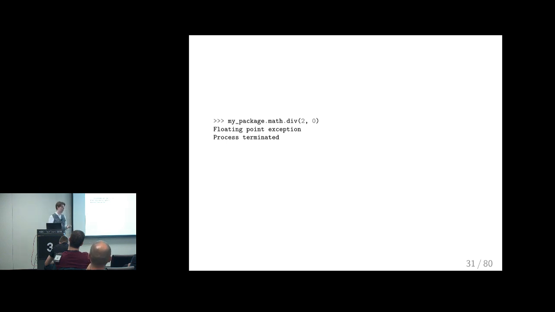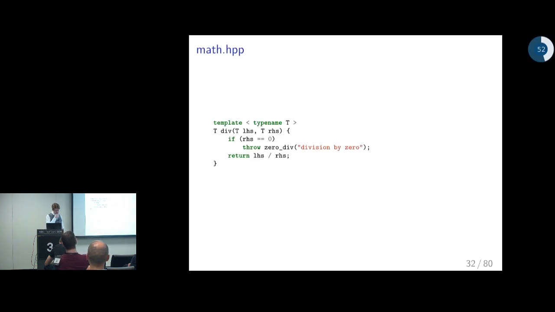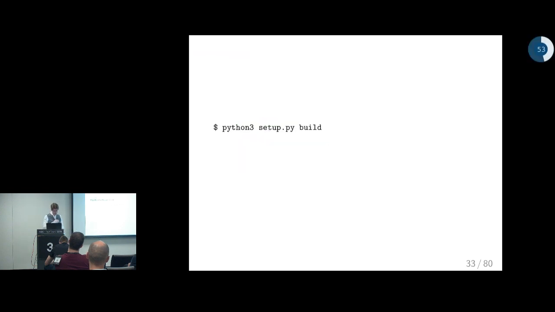You don't want your process to be taken down, especially not from a library. So you change it a little bit to actually check, is the right-hand side, my divisor, 0? And if it is, just raise the divide by 0 exception. And if not, just perform the division, right? Still pretty straightforward. So you do this, and then you build.